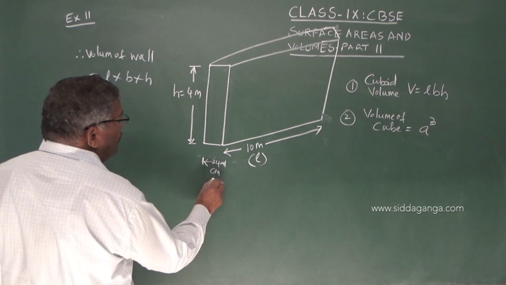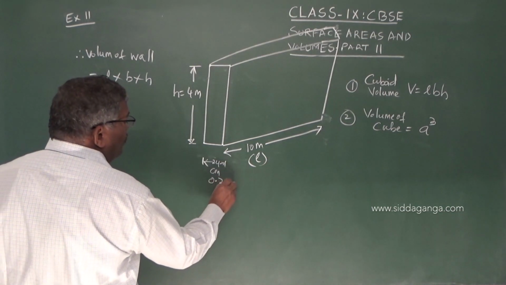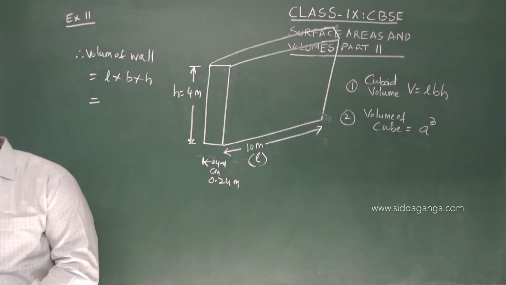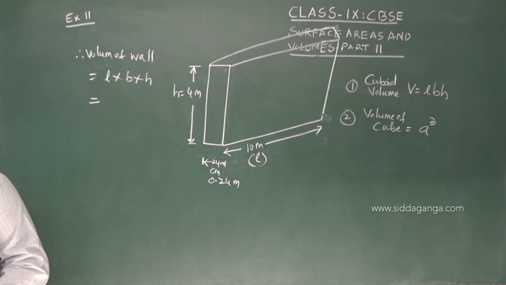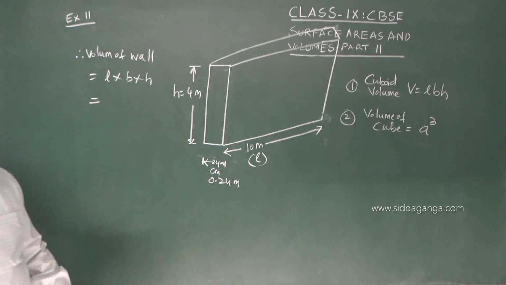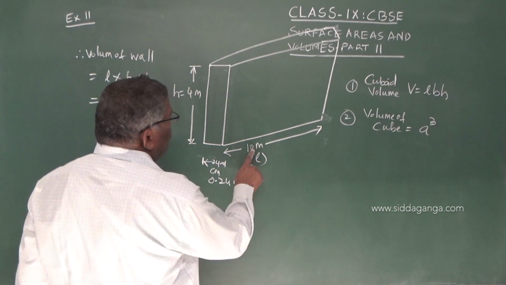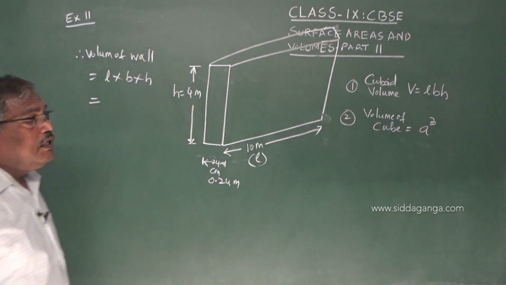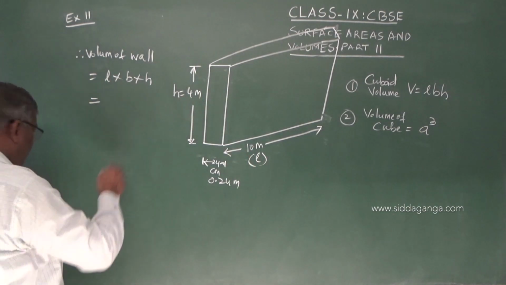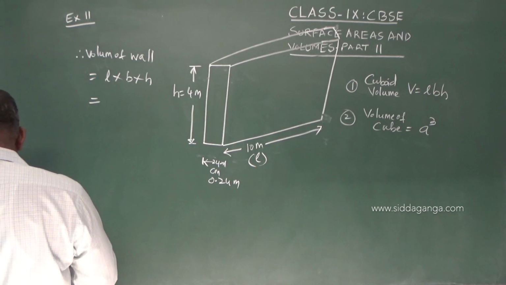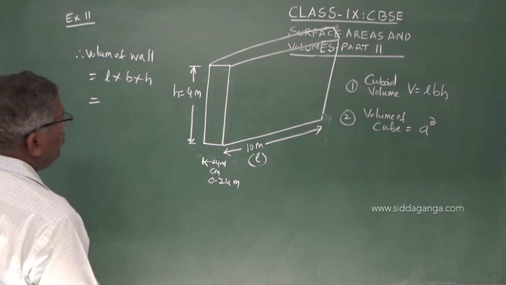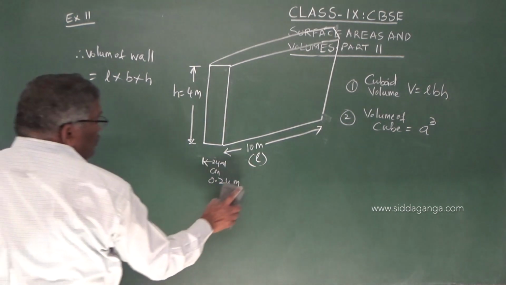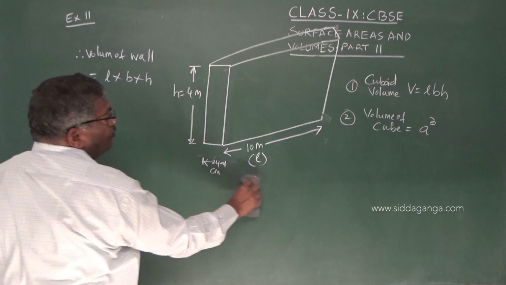So, I will convert this as 0.24 meter. Or, this is 10 meter into 100, 1000 centimeter. This is 400 centimeter. So, convert all into centimeter, let us say. So, we shall follow the textbook.